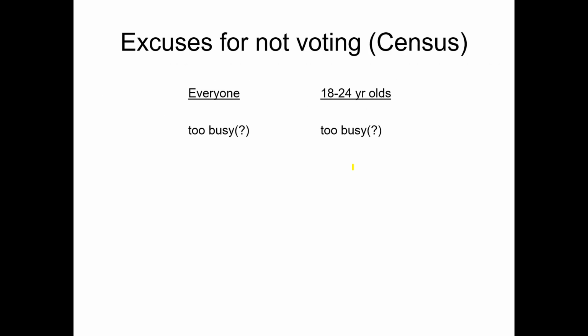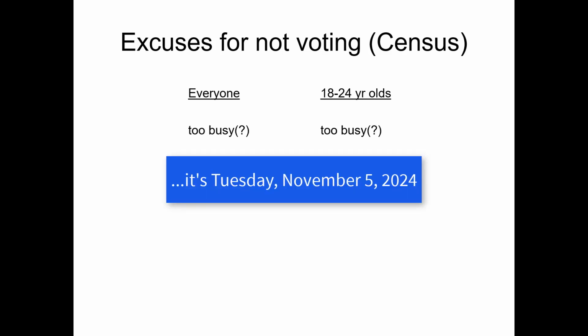What's really interesting is that the top excuse over the years in both categories is that people are too busy to vote. And I put a question mark there because that might actually be an excuse or a smoke screen for what the real reason is that we'll talk about here in a minute. Because if you know, for example, 4 years in advance, the exact day that the presidential election is going to be on, and you already know you're going to be busy on that day, that's pretty interesting.